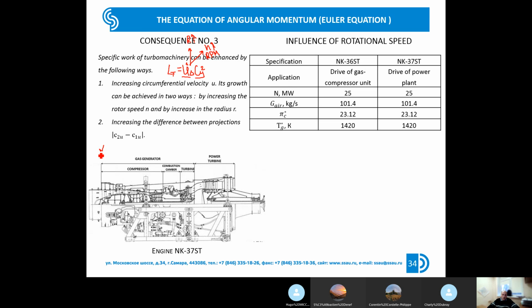This engine was derived from an aircraft engine. Initially it was a 3-shaft turbofan with afterburner, which is used on military aircraft. Initially it was the engine NK32.